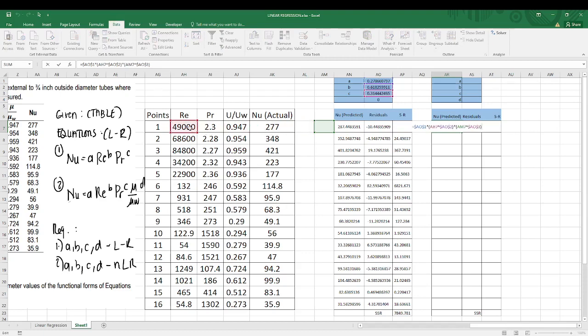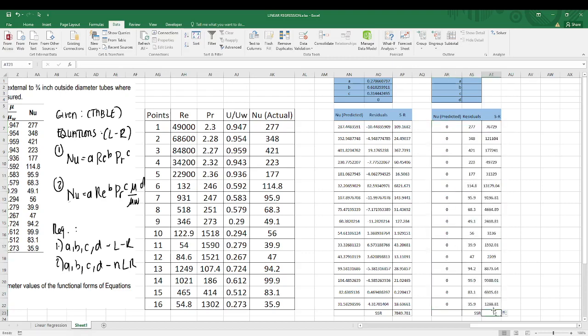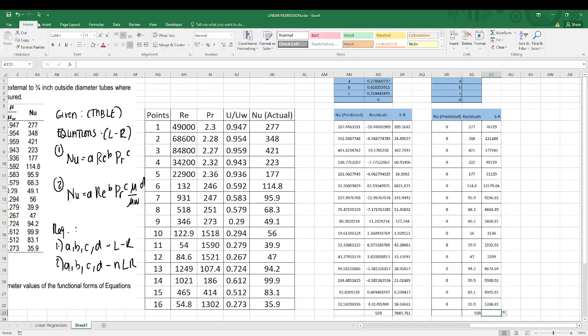This should be Reynolds, this should be Prandtl. Then the residuals, again you could drag this one and have the SSR.